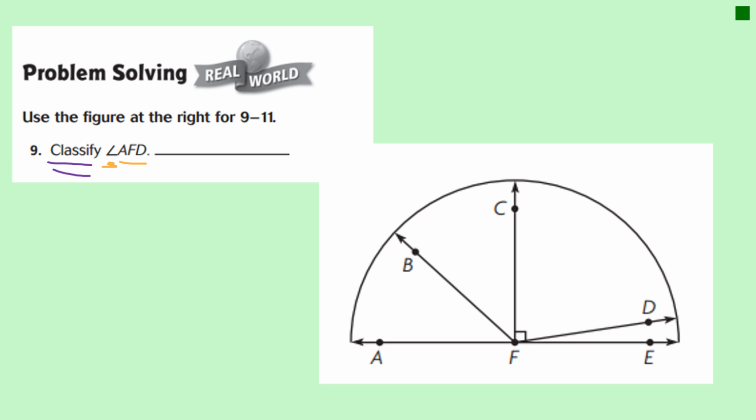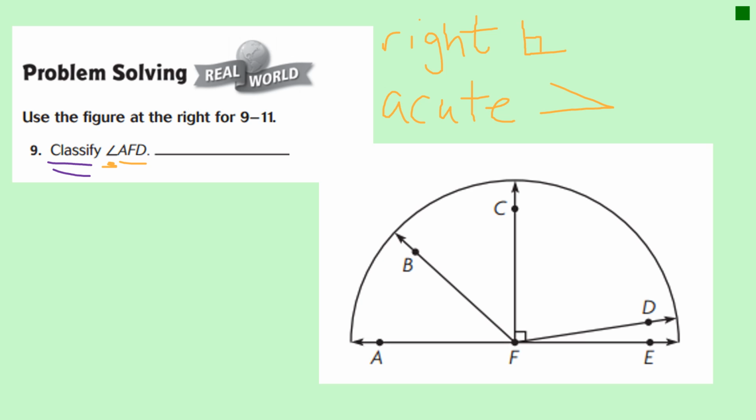What are the different angle types? Well, we just talked about a right angle on the other page, which is a 90-degree angle, right? What are the other types? Oh, we talked about an acute angle. That's an angle that we drew before that's less than 90 degrees.